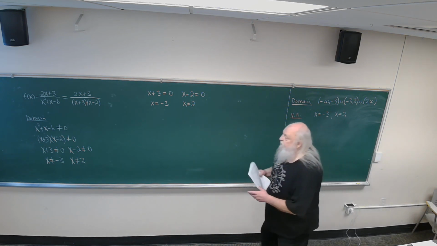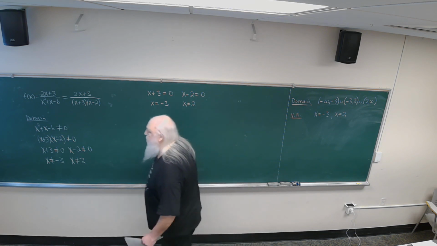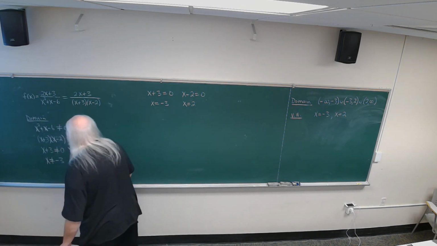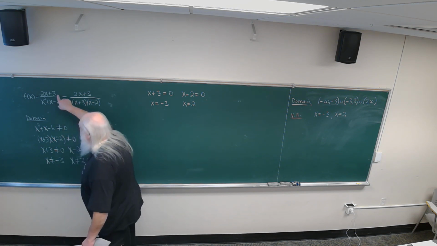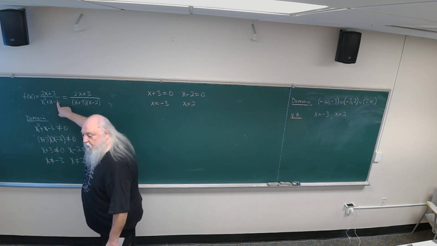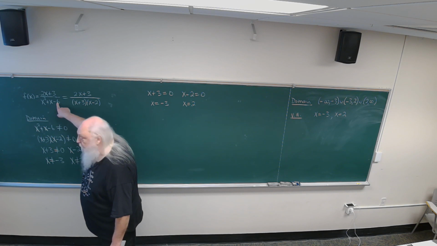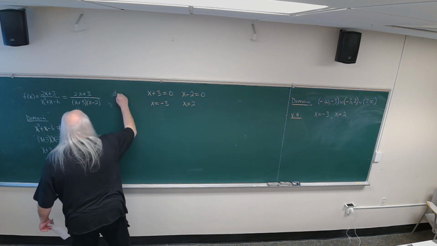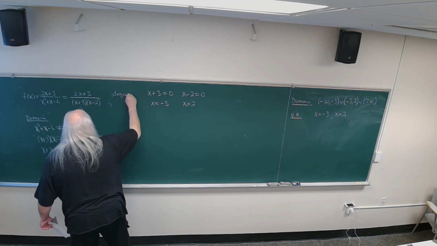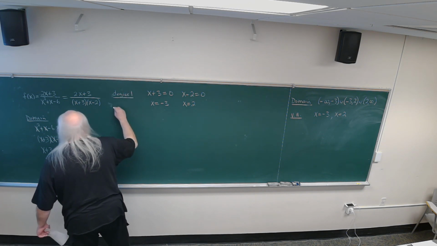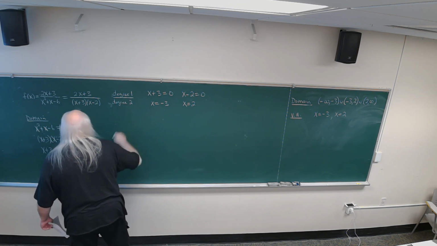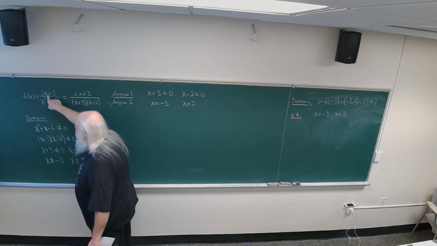All right. Now, to find the equation of the horizontal asymptote, you've got to look at the degree of the numerator and the degree of the denominator. The degree of the numerator is 1, and the degree of the denominator is 2. Largest power of x in the numerator is 1.